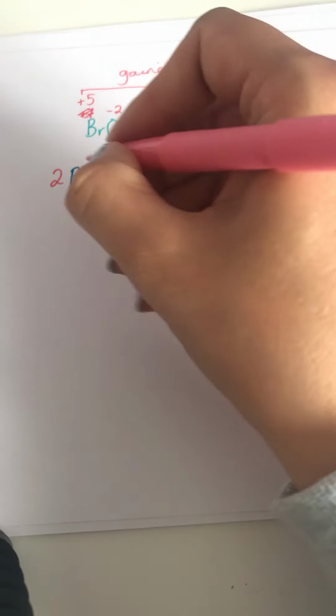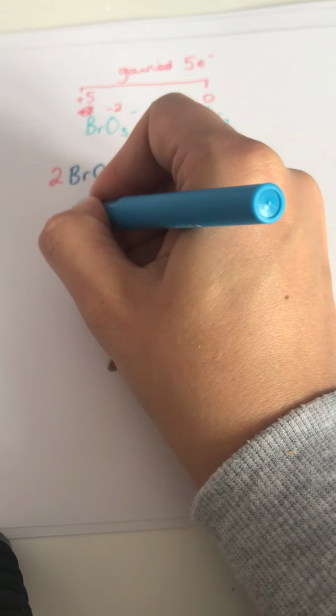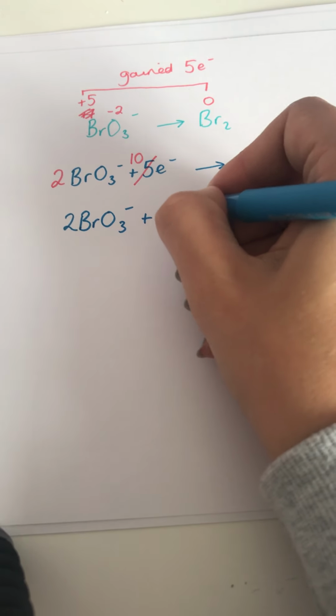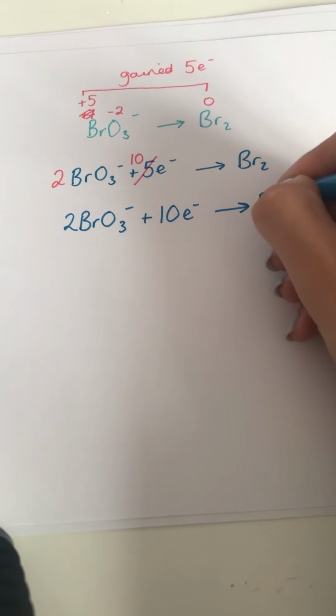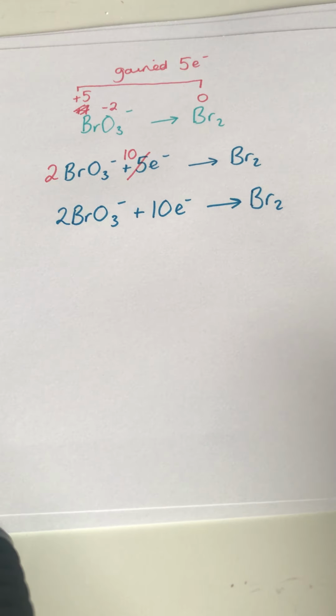So let's rewrite that then. Plus 10 electrons will make Br2.